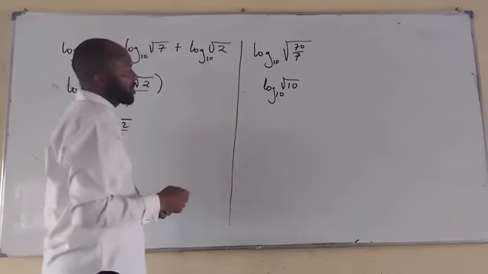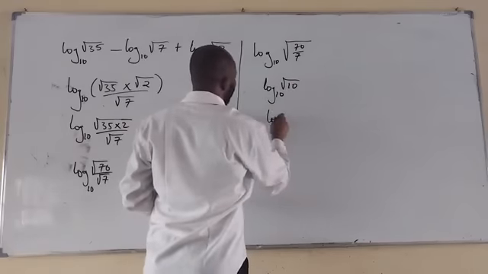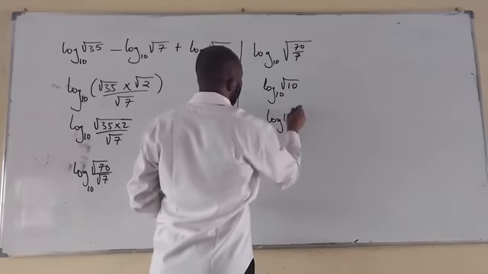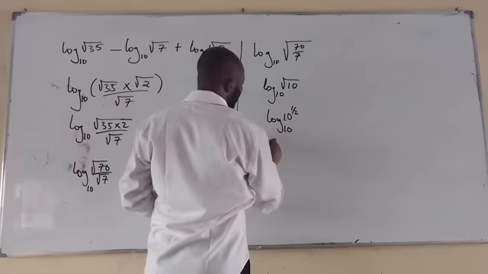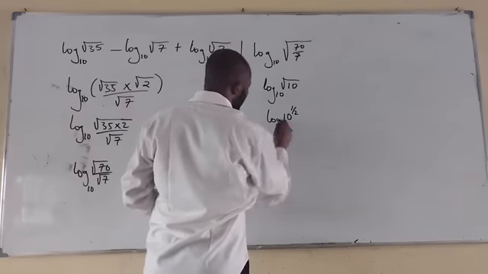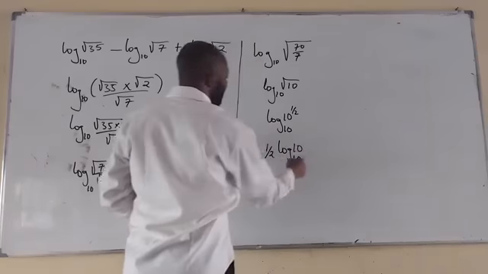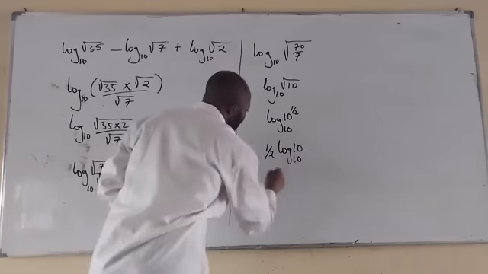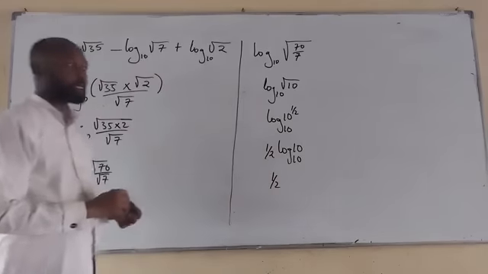So I can take this out as power: log 10 raised to the power 1 over 2, over base 10. This becomes 1 over 2 log 10 base 10. Log 10 base 10 is 1. So 1 times half is 1 over 2. Yes, that's how it is.